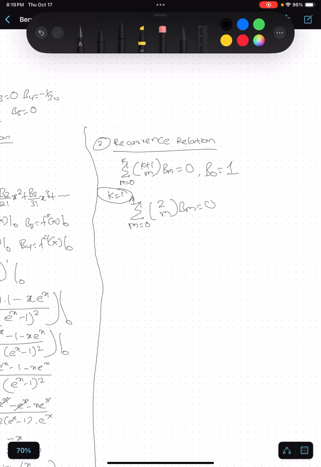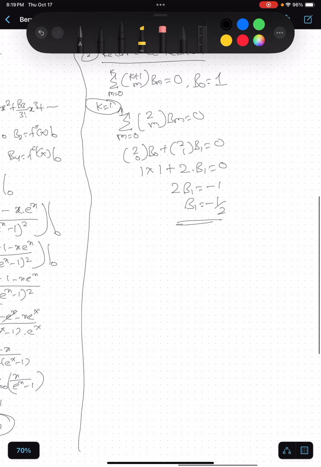So we get 2 choose 0, b of 0 plus 2 choose 1, b of 1 is equal to 0. This is 1, b of 0 is 1, plus this is 2, equals 0. So 2 times b of 1 is equal to minus 1, b of 1 is equal to minus 1 by 2. This method is far easier than the previous one.